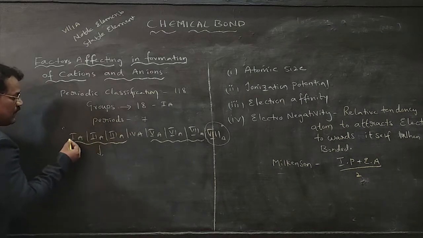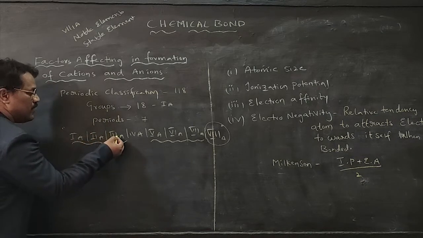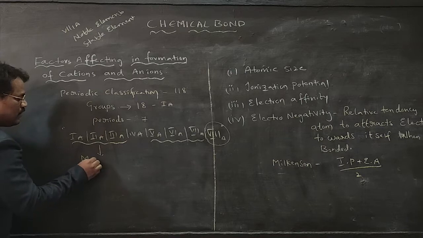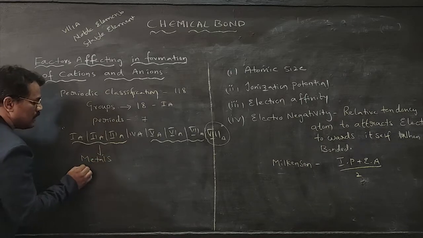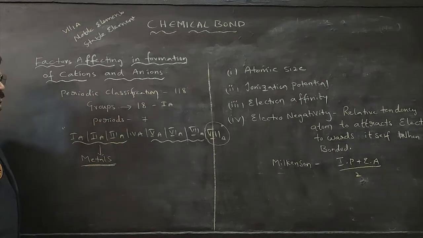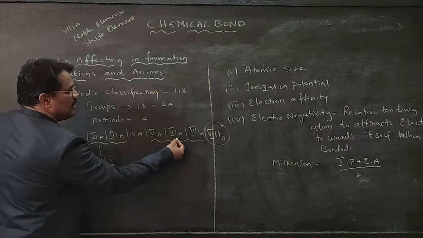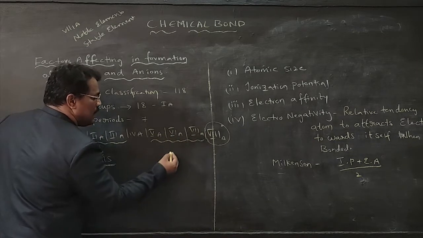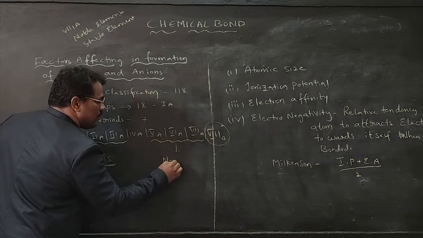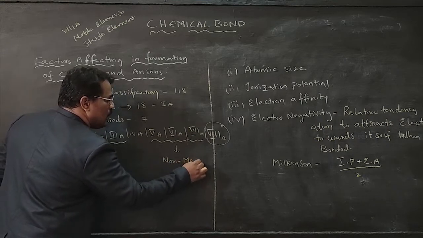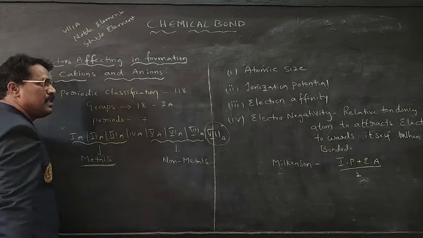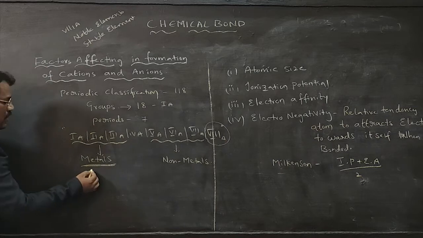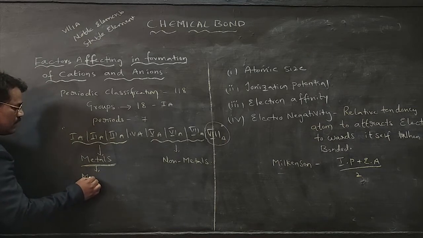Therefore, first A group, second A group and third A group elements we call metals. And fifth A group, sixth A group and seventh A group elements we call non-metals. Here, metals means what characteristic will they have?